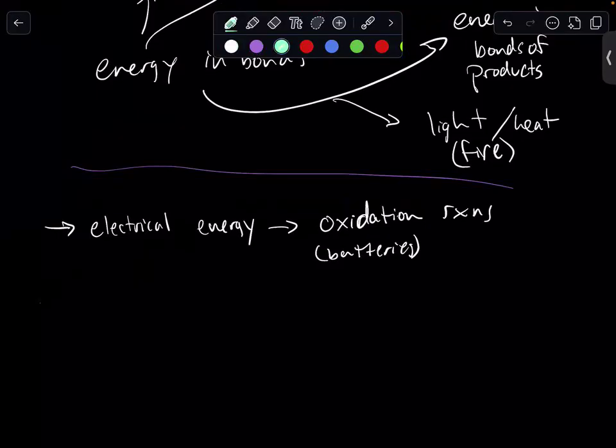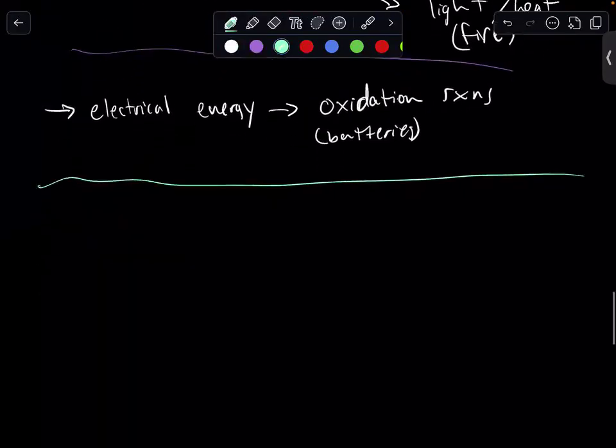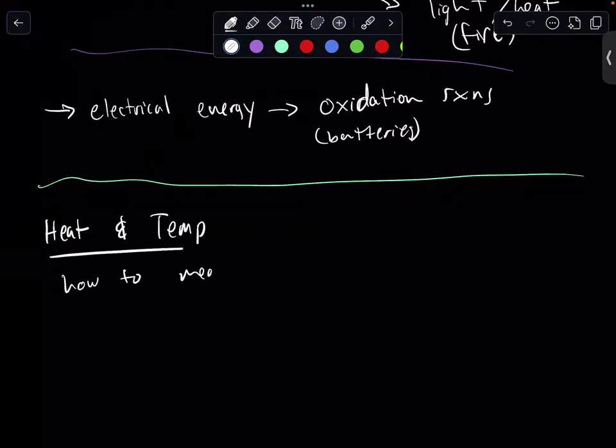The last part of this lesson is kind of the key point, which is what's the difference between heat and temperature, and how does this come into play? Well, the problem is, how do we measure energy? We've discussed before that energy within something is hard to quantify.